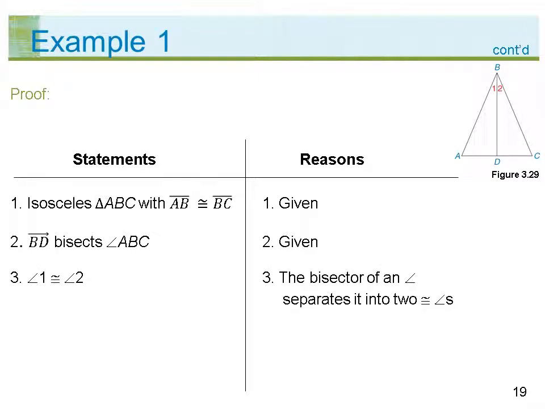Angle 1 is congruent to angle 2. Reason 3. The bisector of an angle separates it into two congruent angles. Statement 4. Segment BD is congruent to segment BD. Reason 4. Identity. Statement 5. Triangle ABD is congruent to triangle CBD. Reason 5. Side angle side.